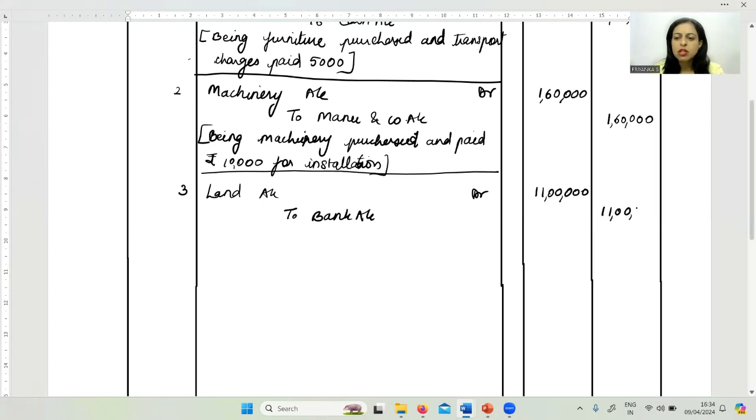So bank is the giver. Giver's account is credit. Being check paid for land purchase, or you can just write check paid and 1 lakh rupees was stamp duty and registration.